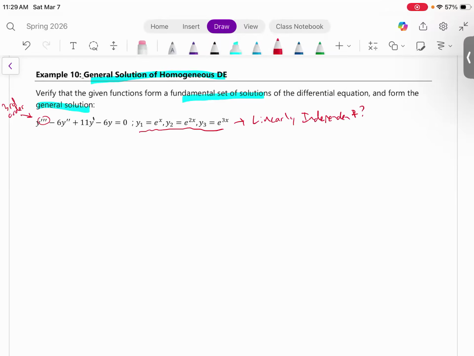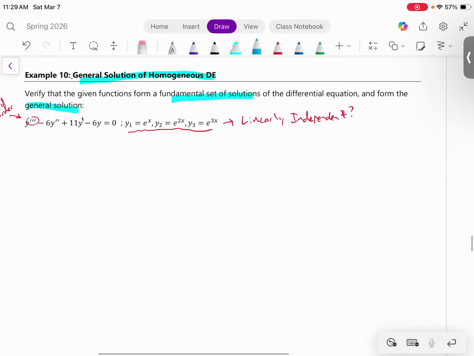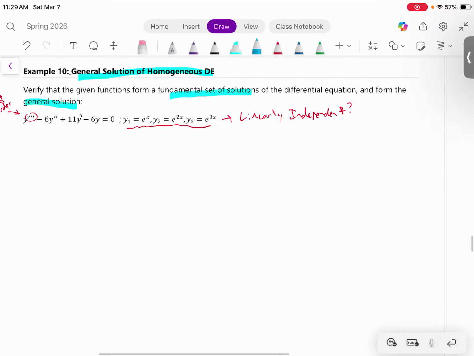So the way we would verify that solutions are linearly independent is to compute the Wronskian. So let's start our solution off, and what we're going to do is compute the Wronskian.